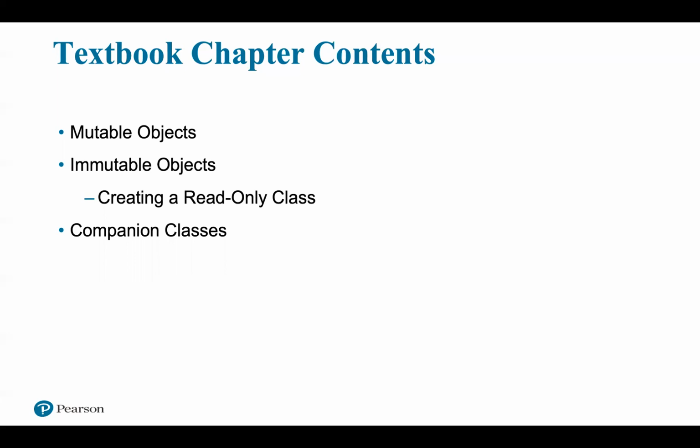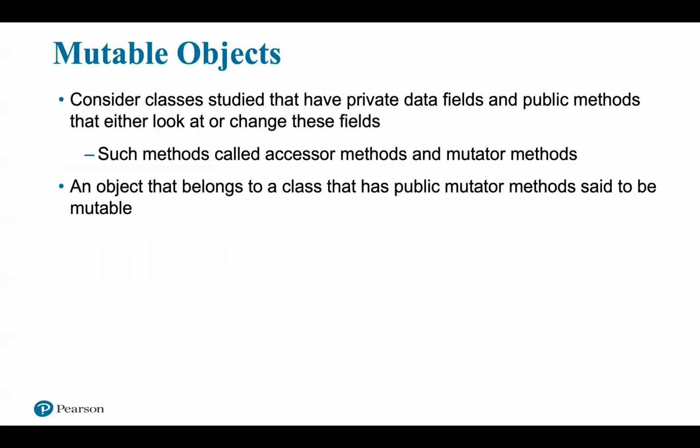For example, the next chapter describes the ADT sorted list, which maintains the entries in sorted order according to any criteria you want, alphabetical order, for instance. The client can alter a name in the sorted list. It can destroy the order of the list.